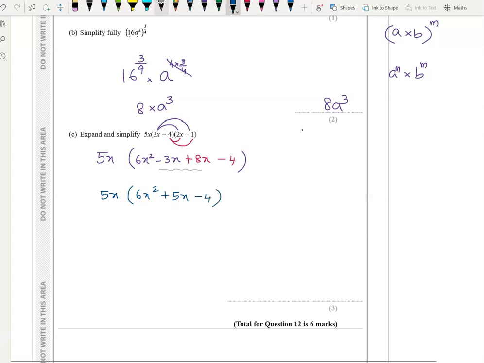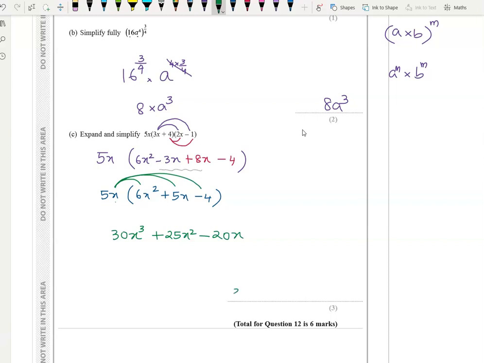Okay, now finally we can multiply the bracket by 5x. 5 times 6 is 30. x and x squared, when you multiply you add the powers, so it will be 30x cubed. 5x times 5x will be 25x squared and 5x times minus 4 is minus 20x, and that's your final answer. So 30x cubed plus 25x squared minus 20x.